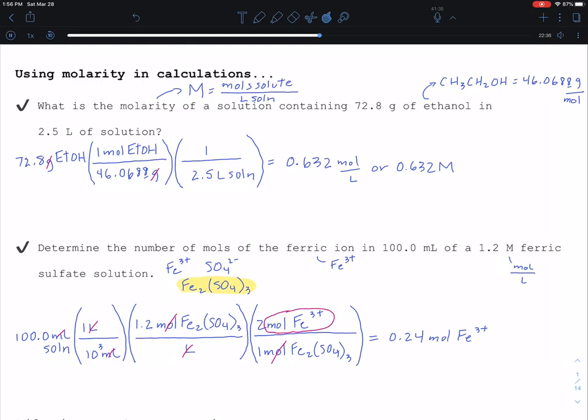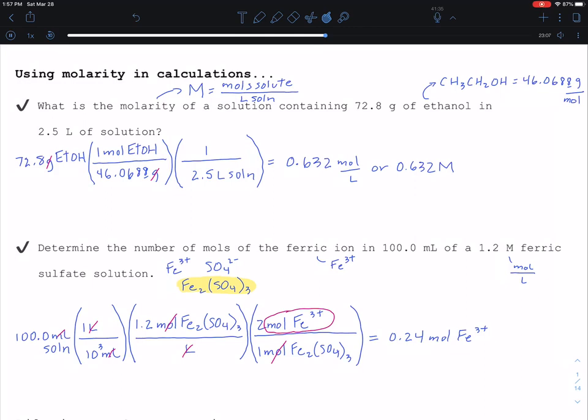They could have asked how many moles of sulfate are in there, and you could have done the exact same calculation, but instead of saying I've got 2 moles of the ferric ion in 1 mole of the salt, you would say I have 3 moles of sulfate in 1 mole of the salt. So in a 100 milliliter sample of a 1.2 molar ferric sulfate solution, I have 0.24 moles of the ferric ion, and a totally different number of moles of the sulfate anion, right?